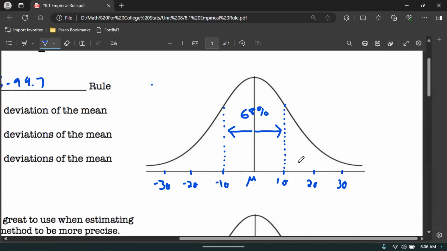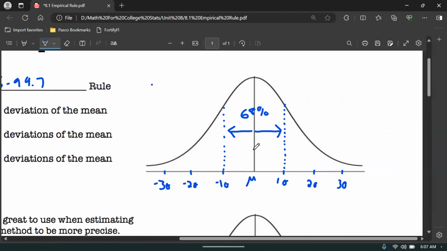Imagine a dot plot: 68% of the points would be within this region, from one standard deviation below to one standard deviation above the mean. It's basically talking about how spread out the data is.